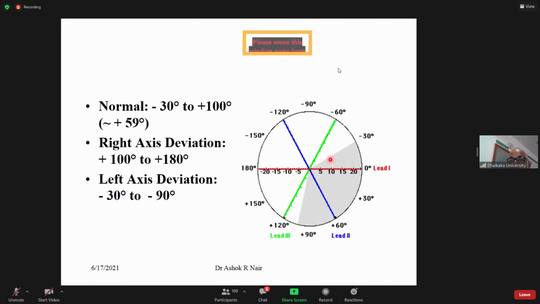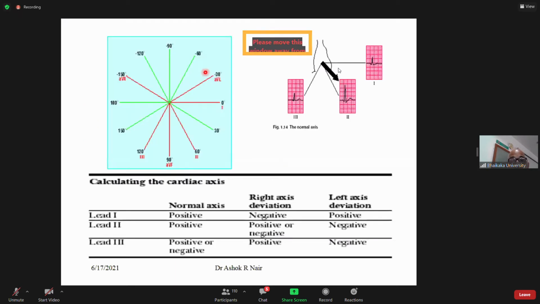Left axis deviation is from minus 30 to minus 90. Indeterminate axis is minus 90 to 180 degrees. This is the hexaxial reference system. Now we are talking about the mean electrical axis in the frontal plane.